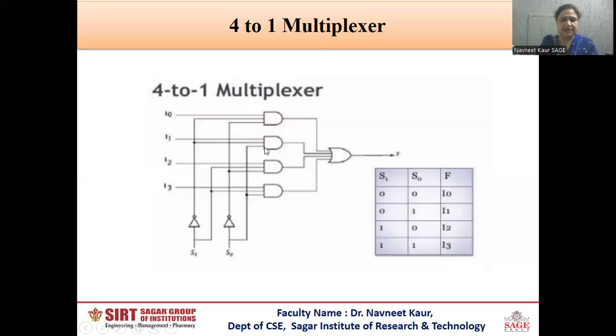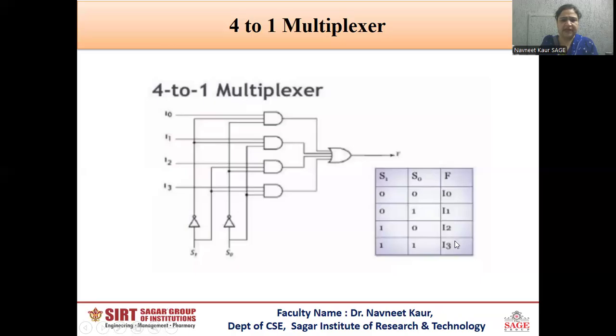For the second AND gate, the input is I1 and since S1 is 0 and S0 is 1, S1 will be connected with an inverter and S0 will be connected directly to the AND gate. So here we will have S1 bar and S0.